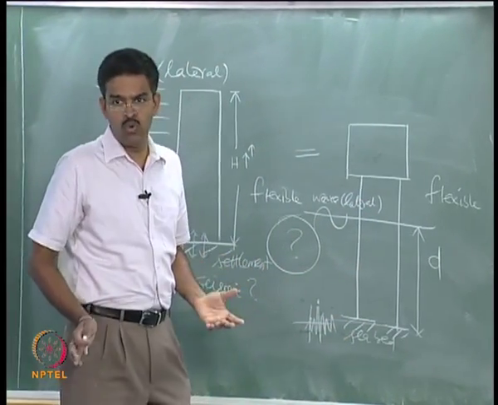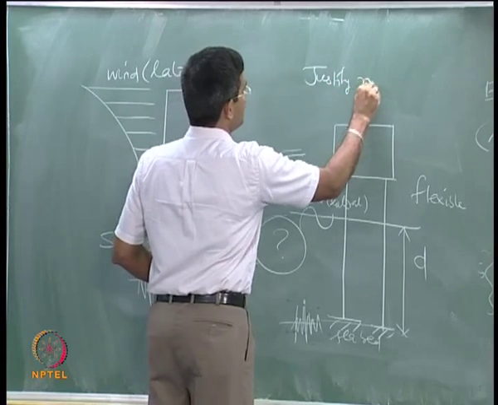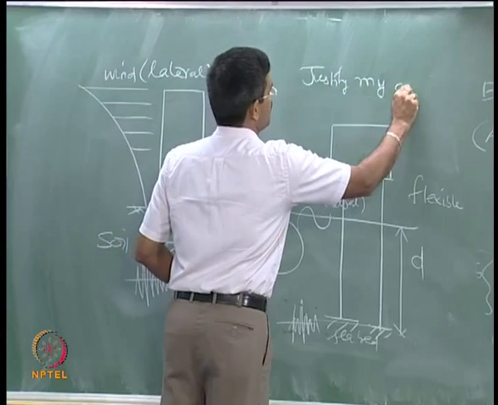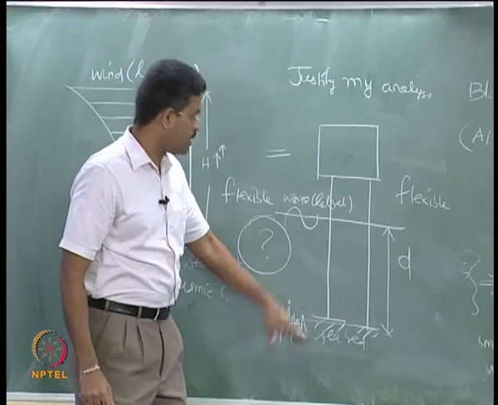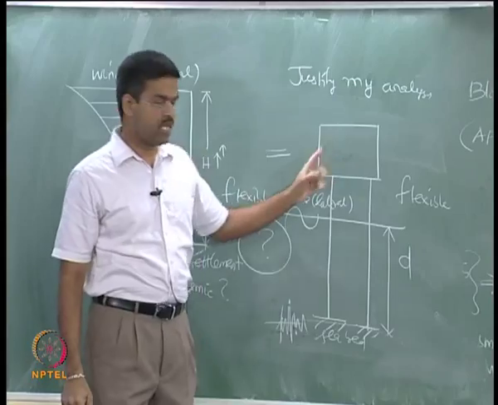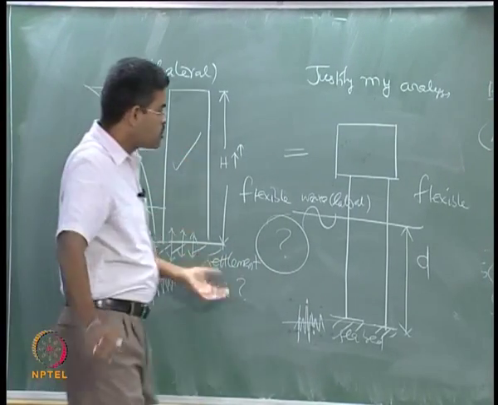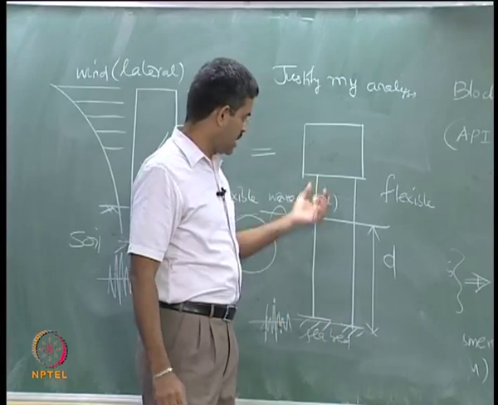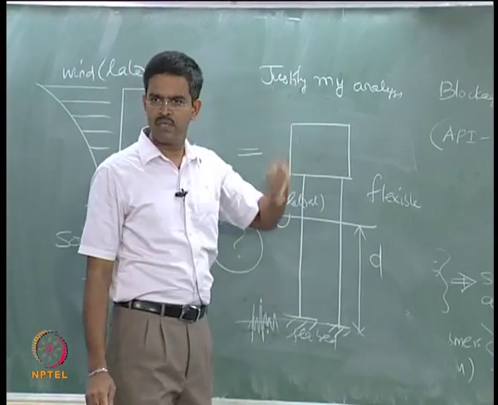How do I actually justify my analysis because of a force which is not happening on the system? See, here the force is happening on the system, I can justify. Here the force is not happening on the system at all, except that it is connected by a cable or a tether. How do you justify my analysis?